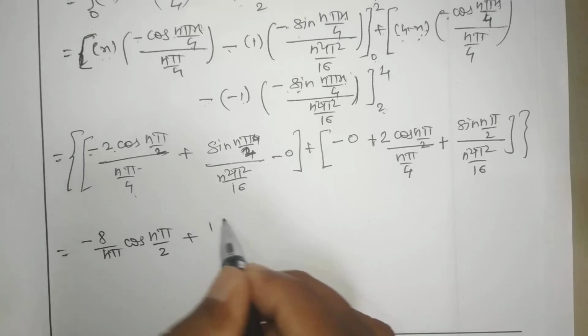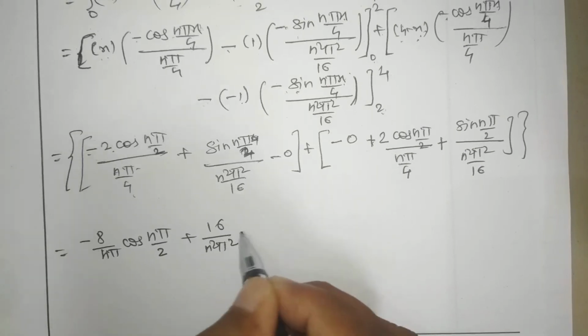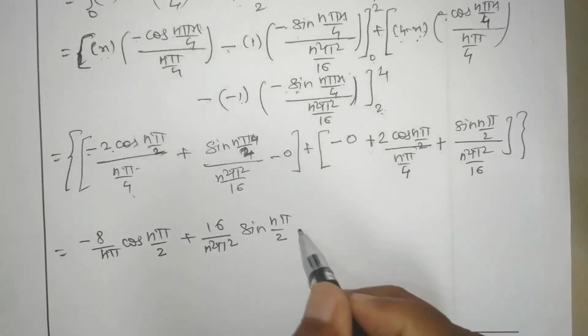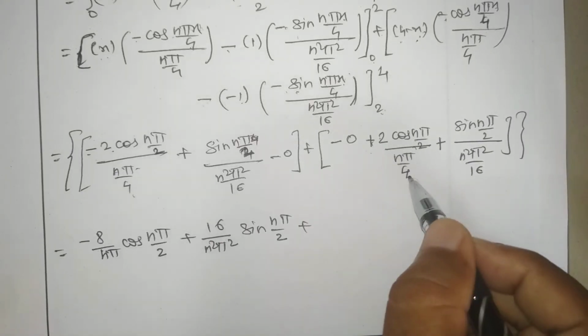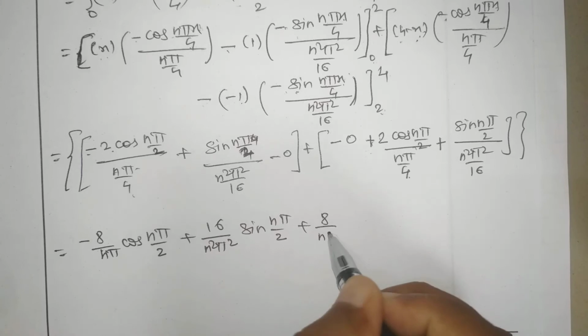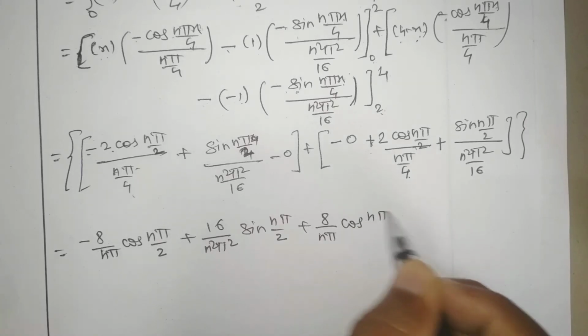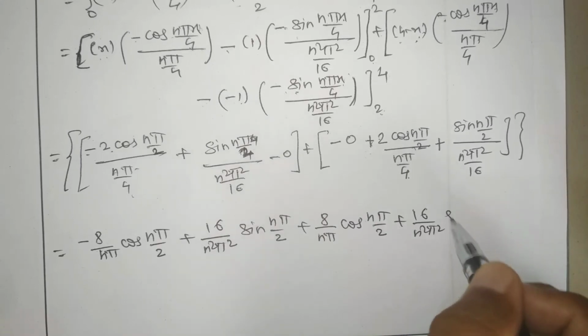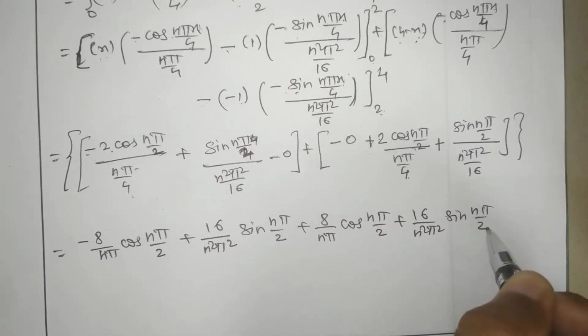Here it becomes 16 upon n square pi square sin n pi by 2. This term becomes plus 2, and this 4 goes to the numerator, 8 upon n pi cos n pi by 2 plus 16 upon n square pi square sin n pi by 2.